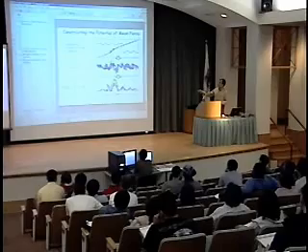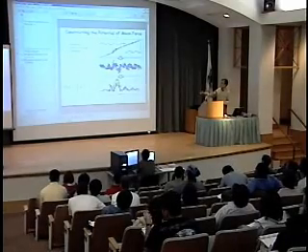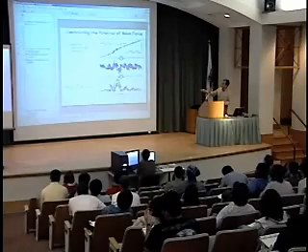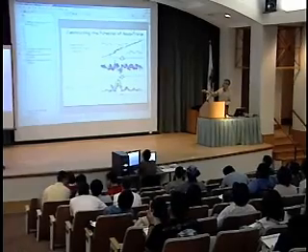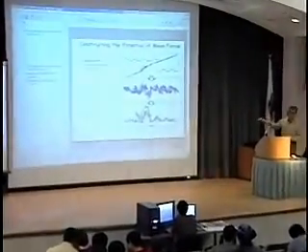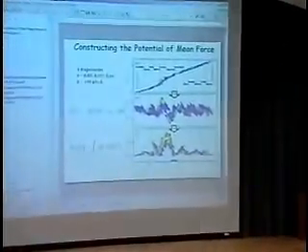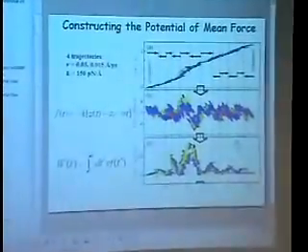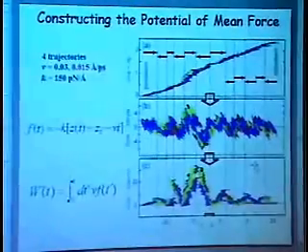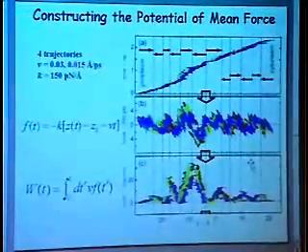In the selectivity filter region, which is the narrowest part of the channel, we repeated it even more. So we didn't do one SMD simulation in which we pull the glycerol from one side to the other in one run, because you start accumulating errors. The more you move, the more error you accumulate.